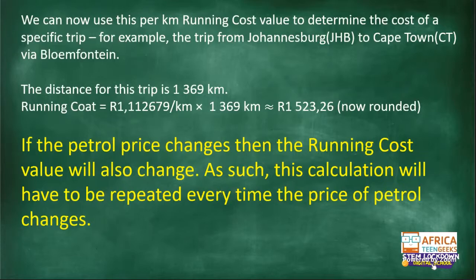And of course, that will be the value. And of course, we know that if the price of petrol has changed, then it affects everything there. So we are now coming to the most important factor, which is the total operating costs.